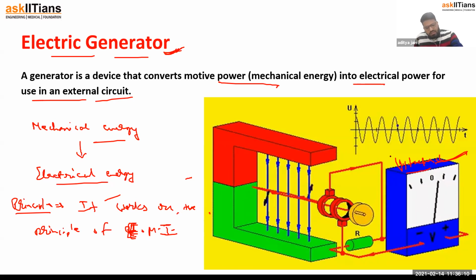Clear? Now see the working of the electric generator. Again, it consists of a coil like this. There is an axle like this, which will rotate the coil. On this axle, the setup is like this. Suppose these points are P and Q. These are known as rings.